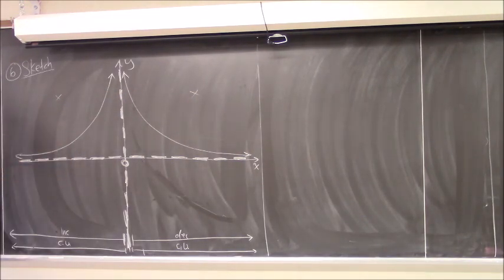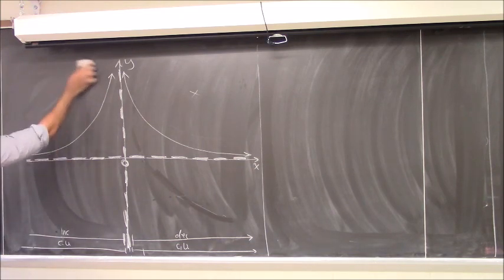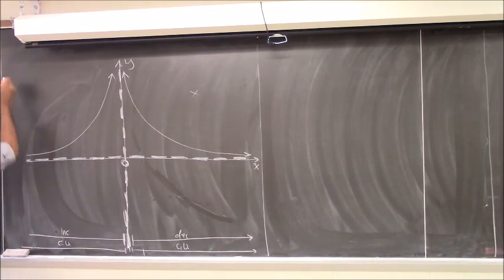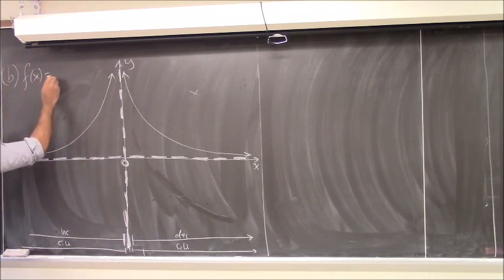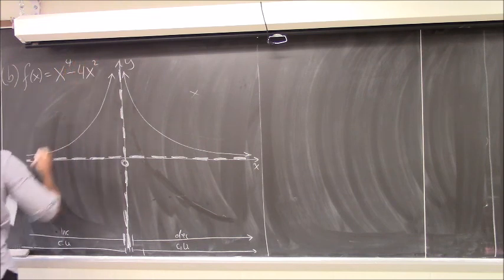So we're going to do this guy, B. F of x equals x to the 4th minus 4x squared.